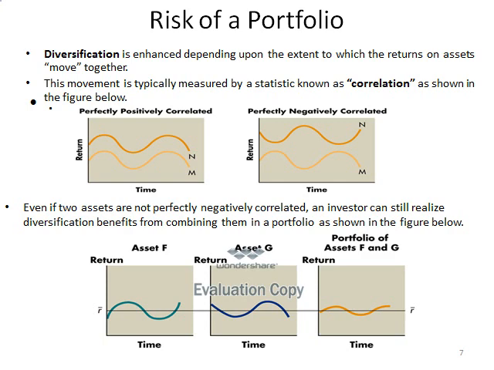However, in the next figure, we will find that they are perfectly negatively correlated. If we combine two different assets, for example, asset F and asset G, the portfolio of assets F and G will have a more stable expected rate of return.